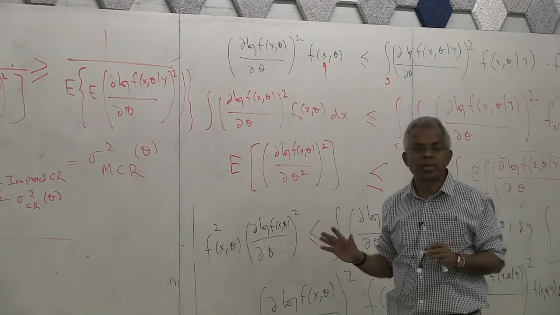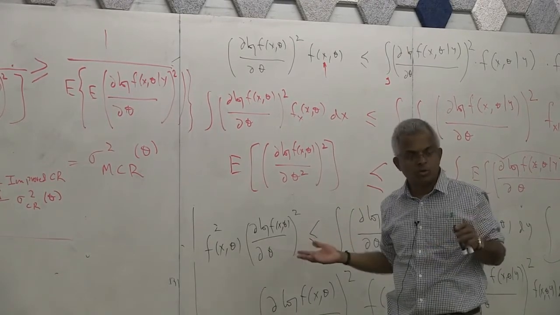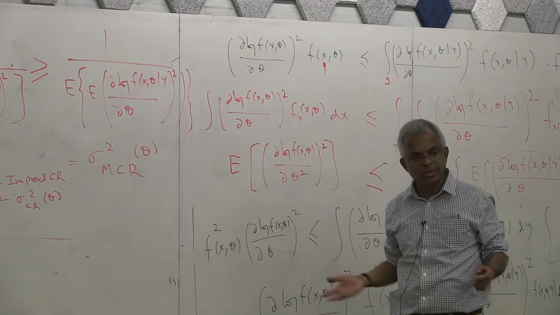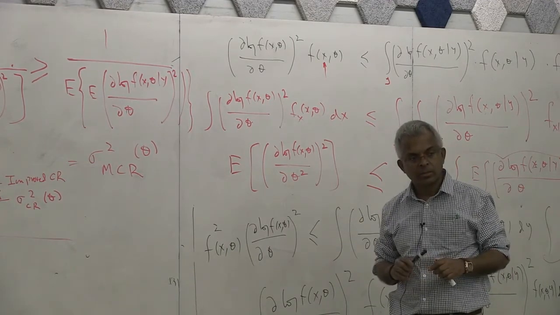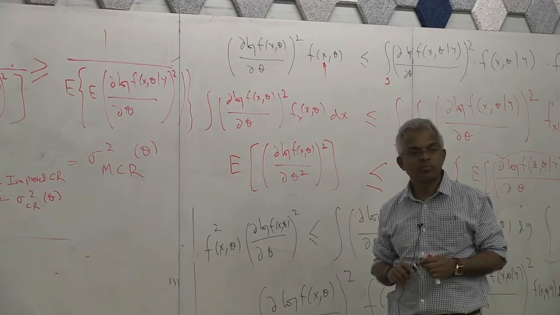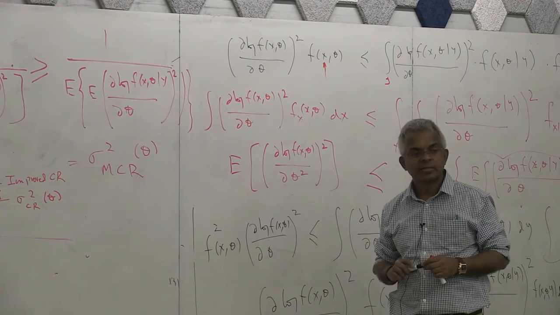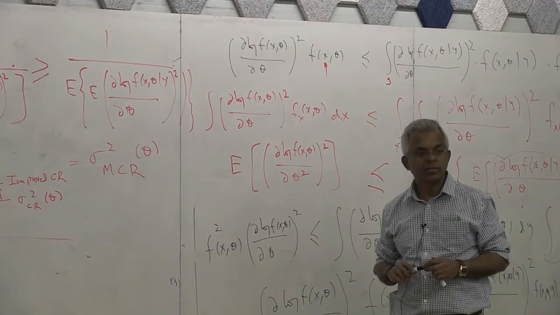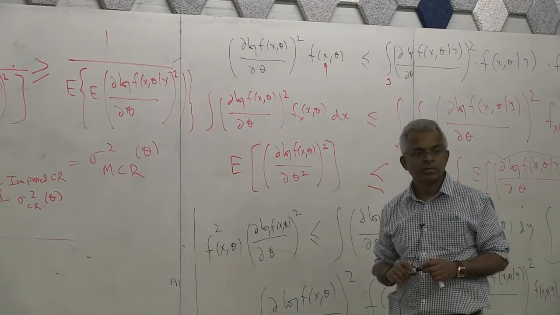I am saying in some cases, the problem is so complicated, you cannot compute the Cramer Rao bound. Let me show you an example, okay? Yeah, but what is your question? If the bound became larger, actually it's improved.